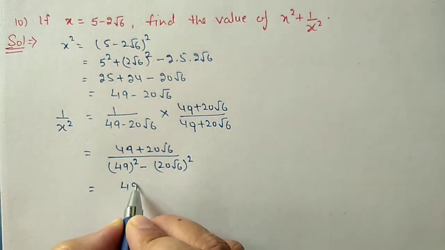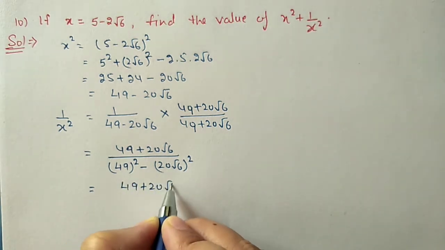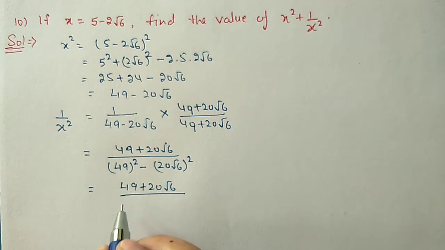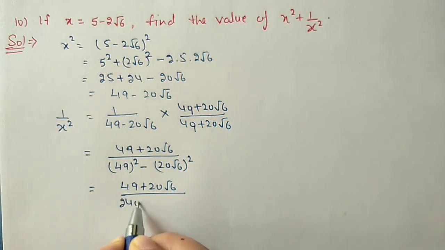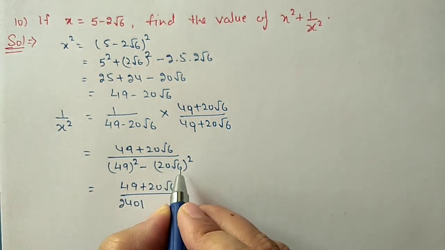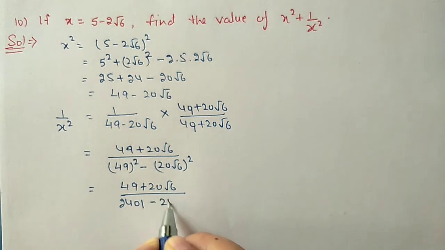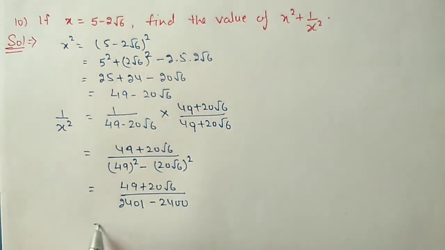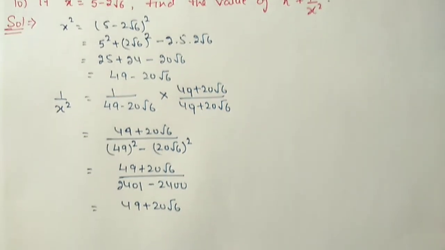So 49 plus 20 root 6 divided by 49 square, which is equal to 2401, minus 20 root 6 whole square, which is equal to 2400. So after that we will get 49 plus 20 root 6 divided by 1, which is not necessary to write.